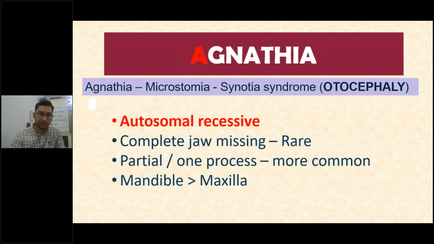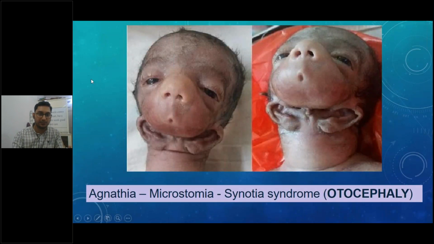Now I'll just show the image, then you'll understand. This image is very sad to see, I would say, but for your understanding it was important to put here. Agnathia means it does not have any jaw here. There is no mandible, it is completely absent. Ears have reached this region, you can see. So this is an abnormal relationship of the ears with the skull, right?